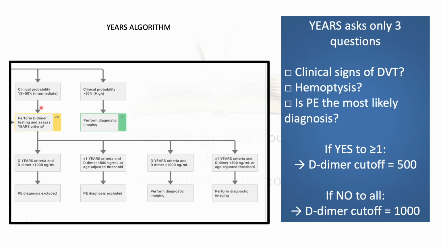Notice how in intermediate clinical probability, the flowchart mentions using the YEARS criteria and goes on to say that if there are 0 YEARS criteria, the D dimer cutoff is 1000 and PE is excluded. If there are 1 or more YEARS criteria in that patient, the D dimer cutoff is 500 or the age adjusted threshold, and you can exclude it.